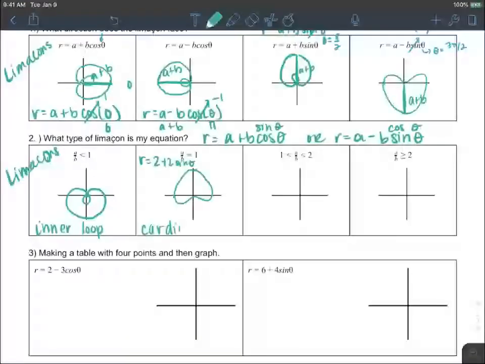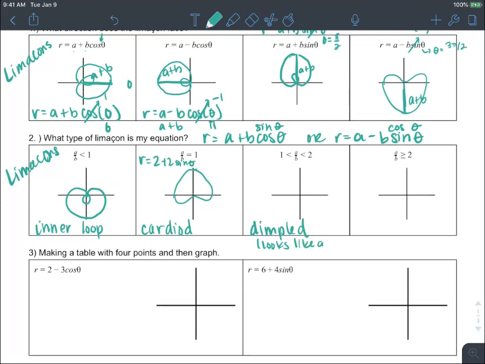Cardioid, okay? If a over b is between 1 and 2, it's a dimpled limaçon, so it's not quite as pronounced as the cardioid, and it kind of looks like a peach, like the emoji.